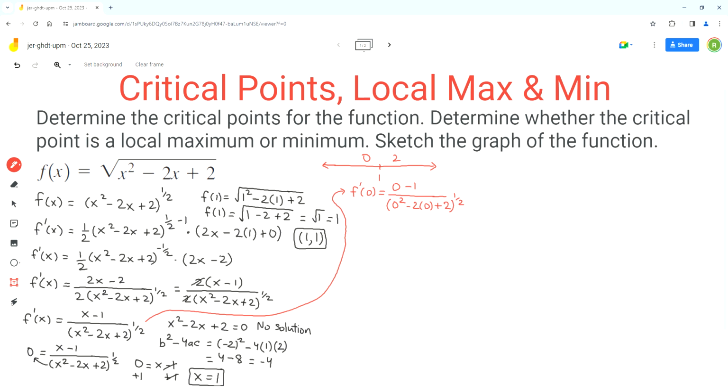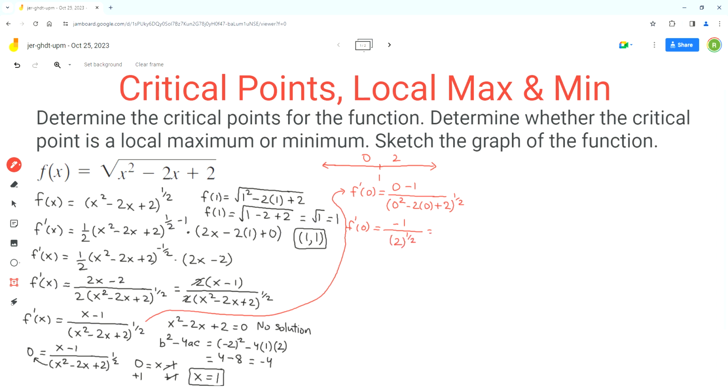Now we are not interested in the value of the prime of f, we are only interested in the sign of the value. So whether we get a positive or a negative result. So prime of f at 0, so the numerator is negative 1, and in the denominator, so 0 square and 2 times 0 will go away because they'll become 0. So we'll be left with just 2 exponent half.